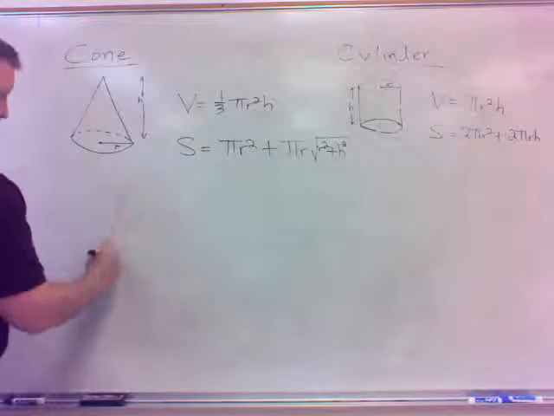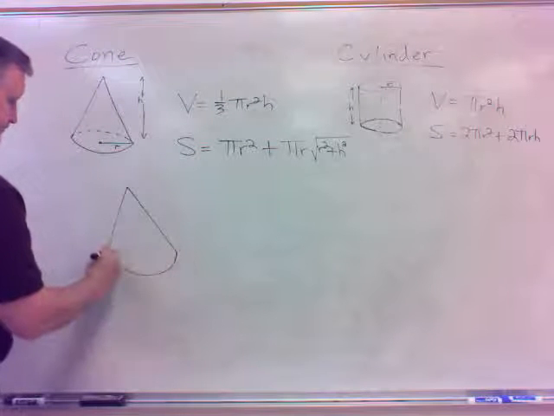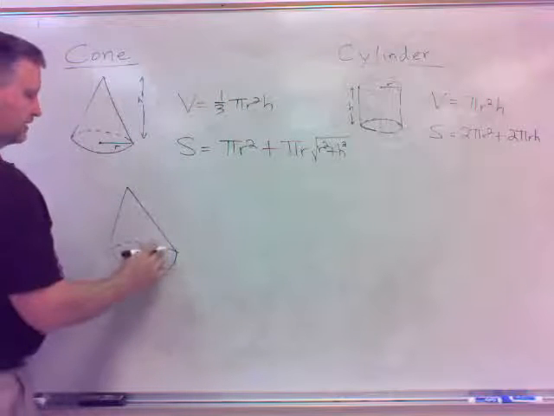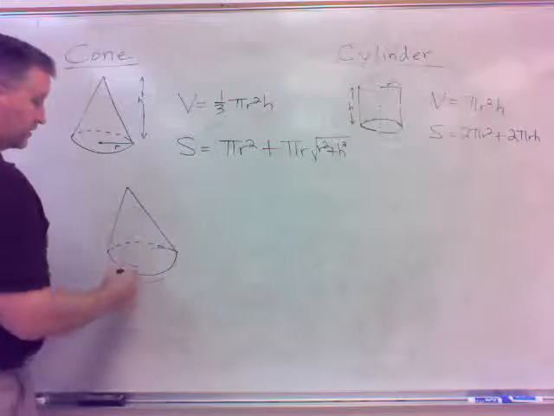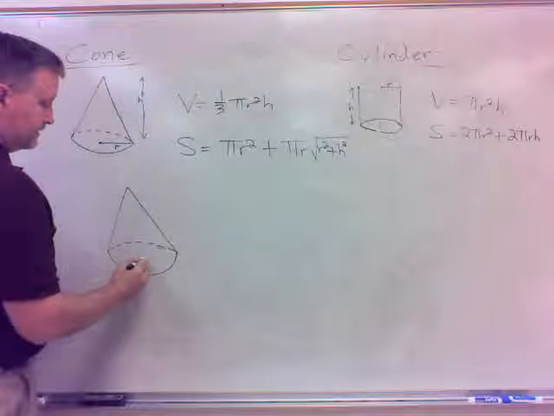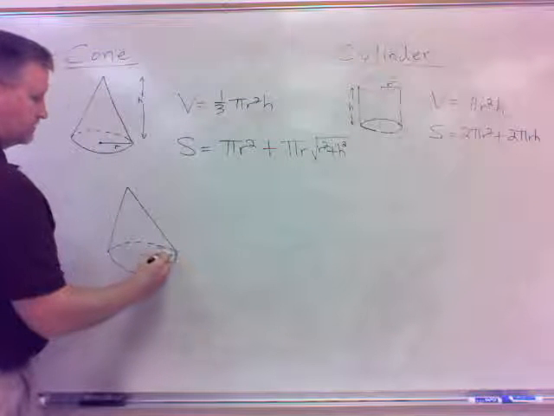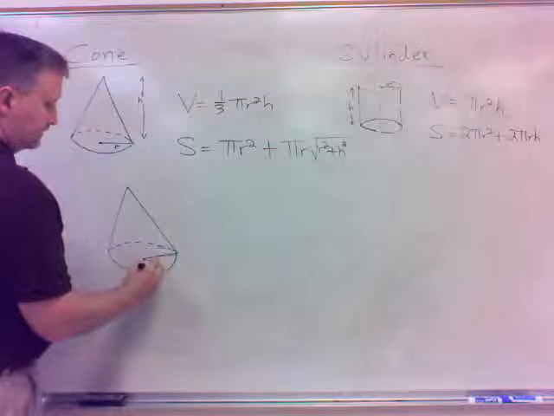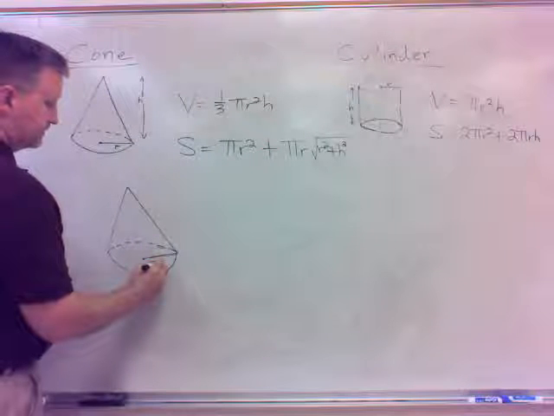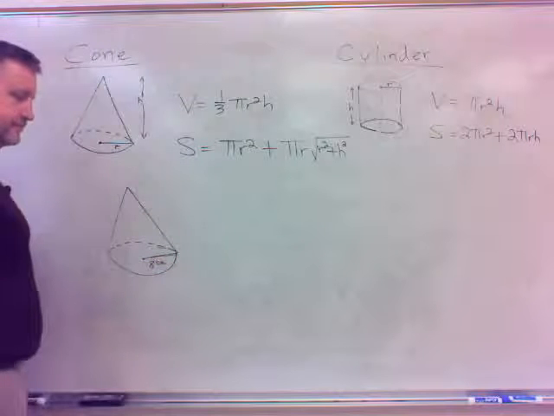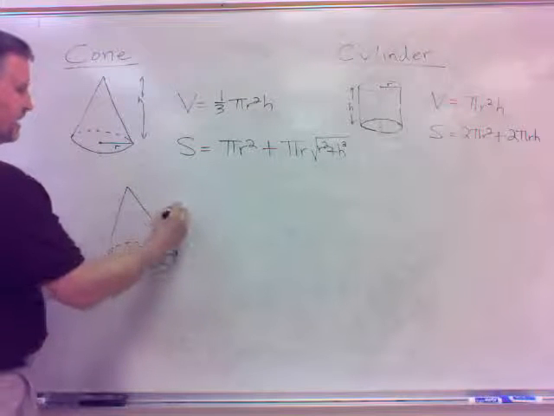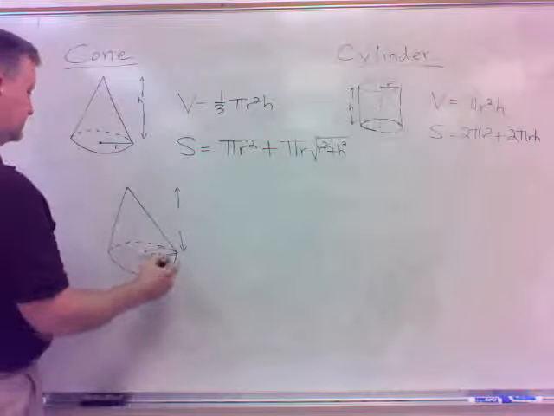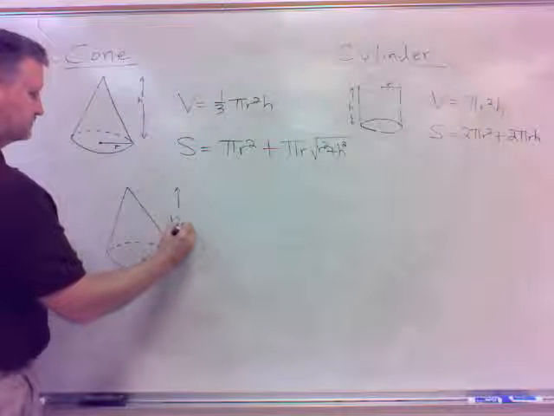All right, so let's say we do have a cone. The cone has radius 8 centimeters, and then the height, we'll say the height is 12 centimeters.